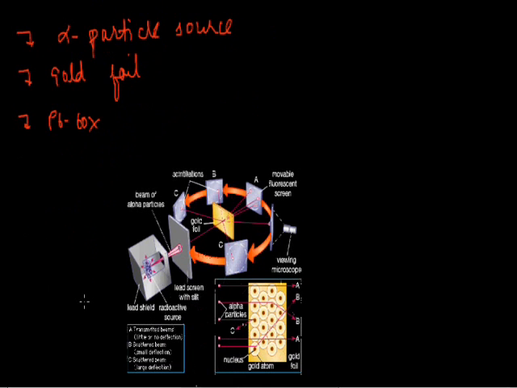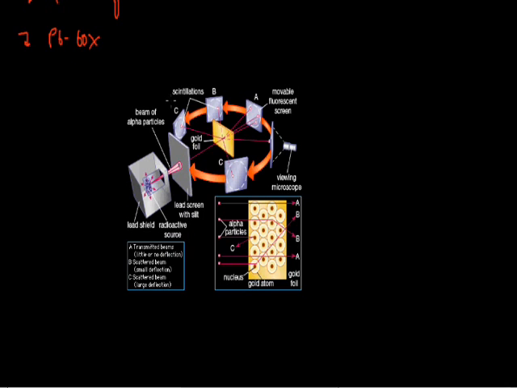Now here you can see the real experiment which was performed by Geiger and Marsden. Here you can see this is the lead box in which the alpha particle source is put, which may be polonium or radium also. The alpha particles emitted from this directly collide with the thin sheet of gold foil. Now after collision, what were the observations?